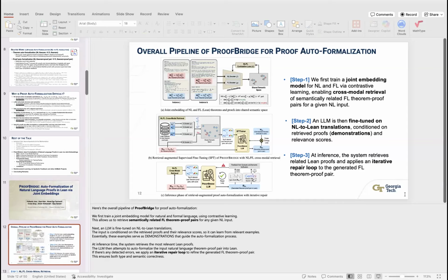And then you said you now use again an LLM to kind of refine it, or maybe I misunderstood that. Yeah. So we retrieve a bunch of proofs that are examples. And these examples and some relevant scores associated with them will be fed to a downstream decoder that would then also take as input the natural language query and use these.